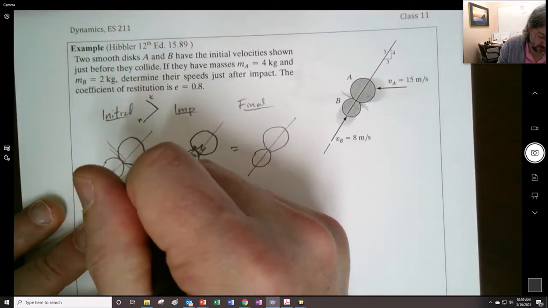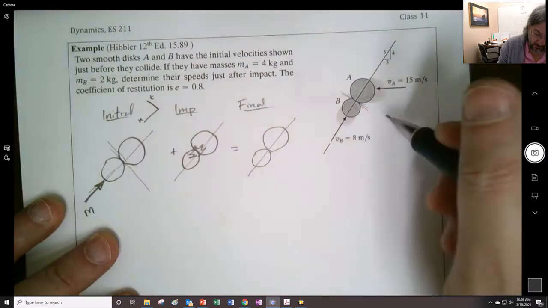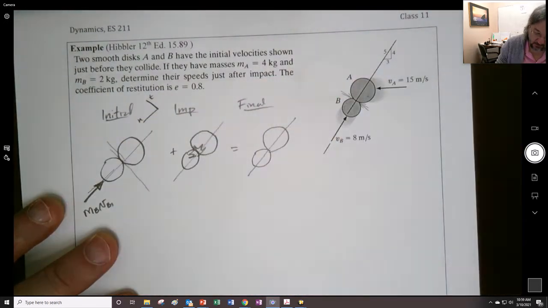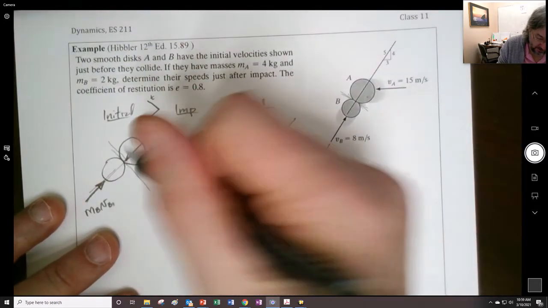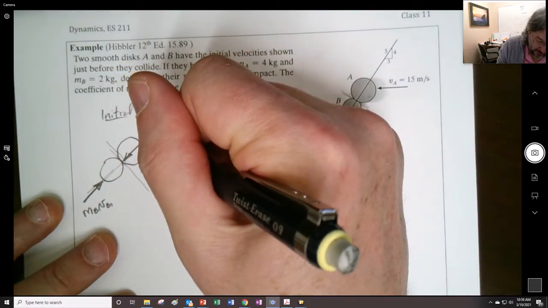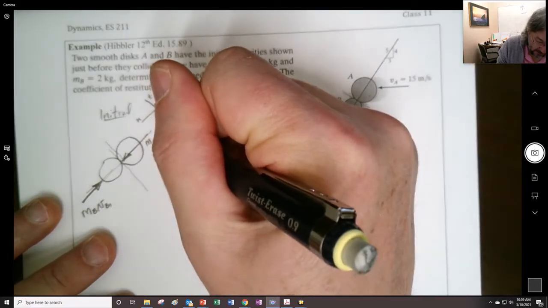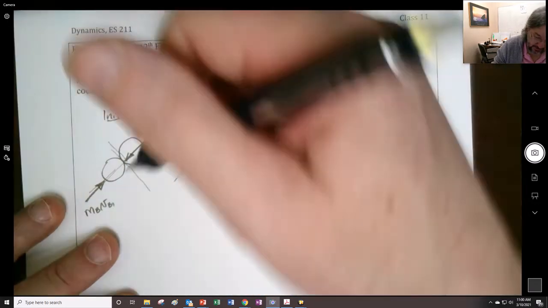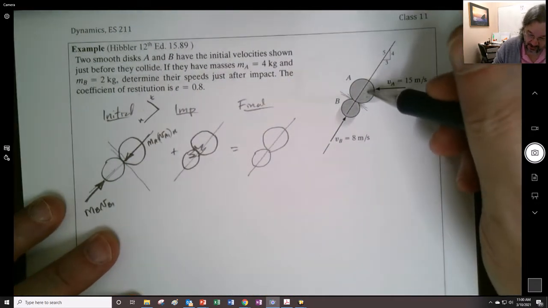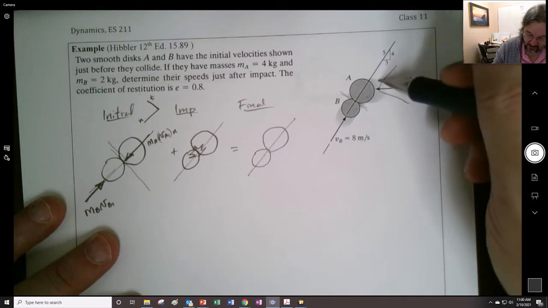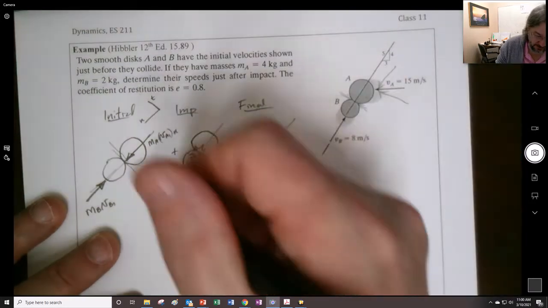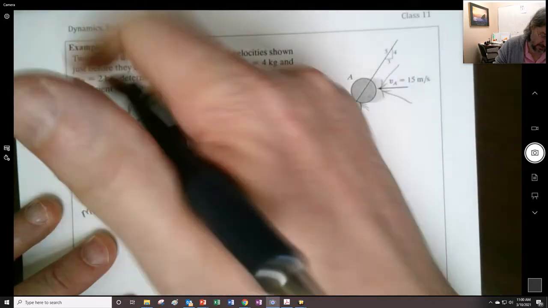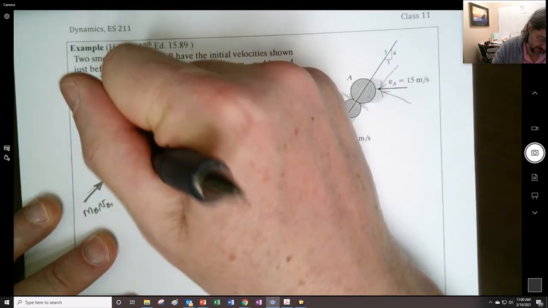So we draw this right here. We say this is M, and what's that, B? VB1. This one right here, I'm going to draw it as MA VA1 normal. And let's see, because we're going to break this thing apart, right? So this one has a component in that direction and has a component in that direction. So I like to draw them at the center right here.